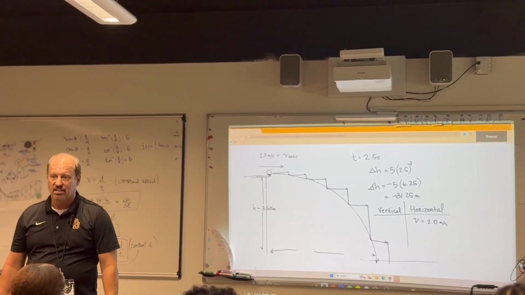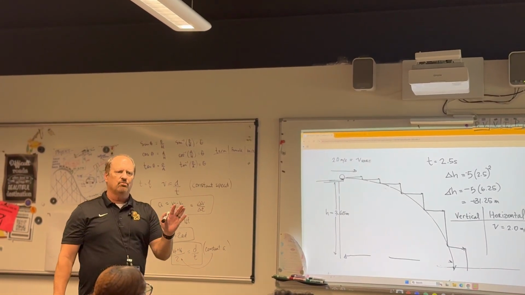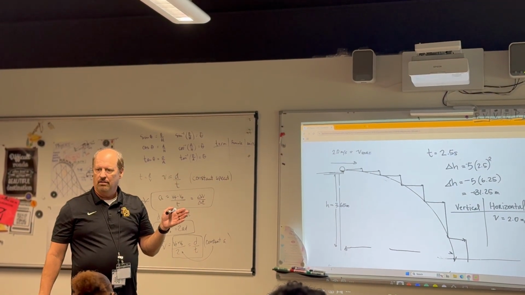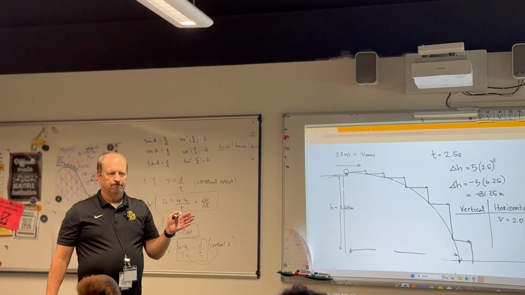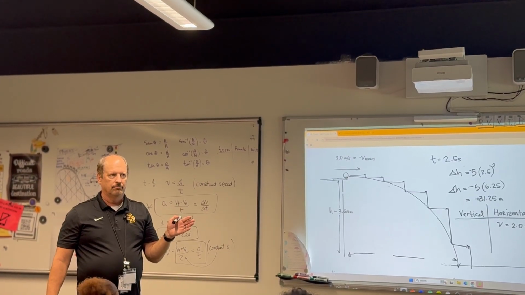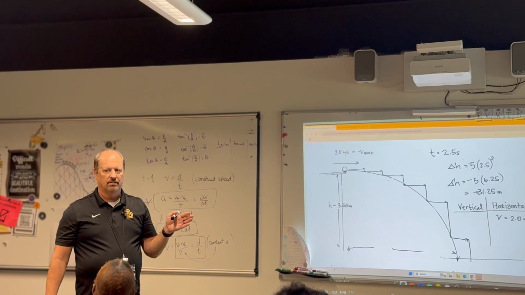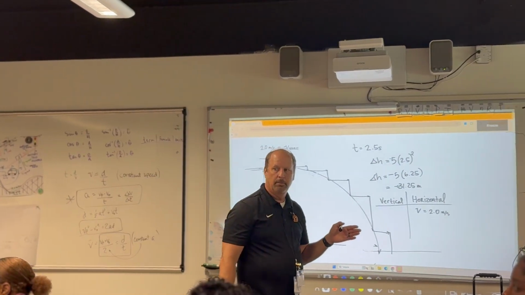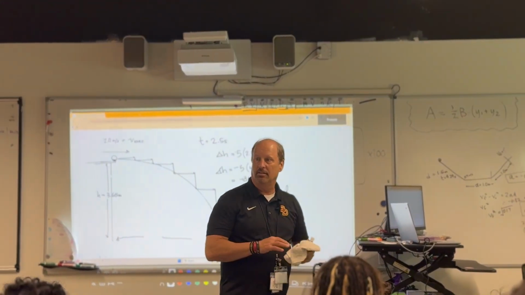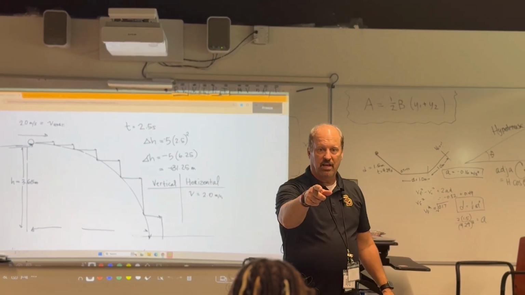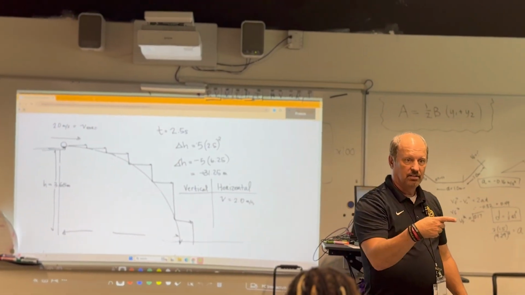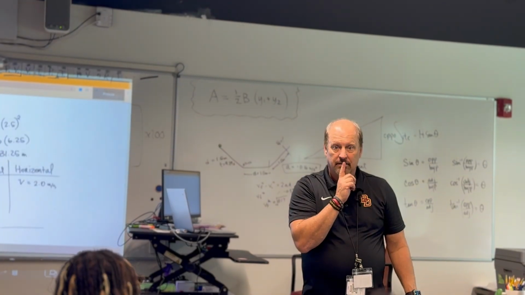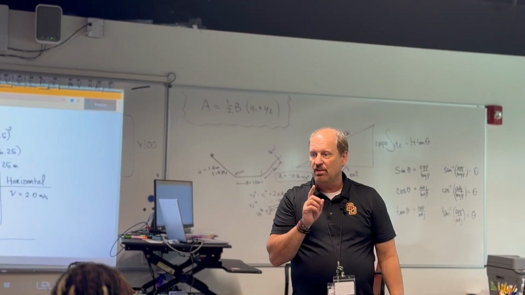The horizontal stays constant. Now, let's revisit that for a moment. Why do you suppose the velocity on the horizontal stays constant? Who remembers Newton's first law?